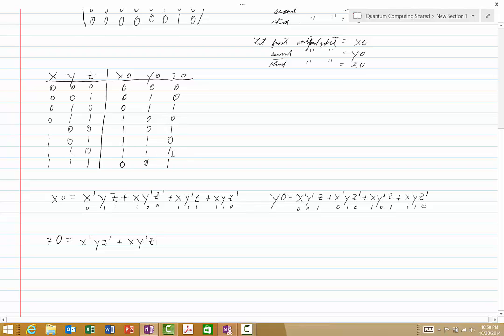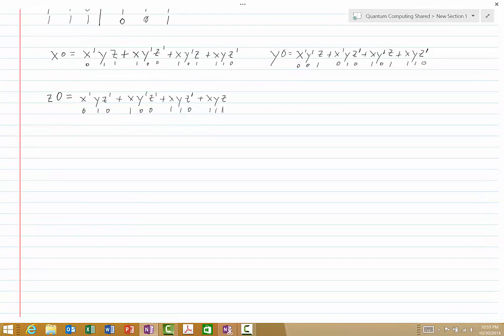For this one down here, we will have x, y, z prime. And then for this final one in the z0 column, we have x, y, z. And so we have 0, 1, 0, 1, 0, 0, 1, 1, 0, 1, 1, 1. And I believe we're all in good shape now.